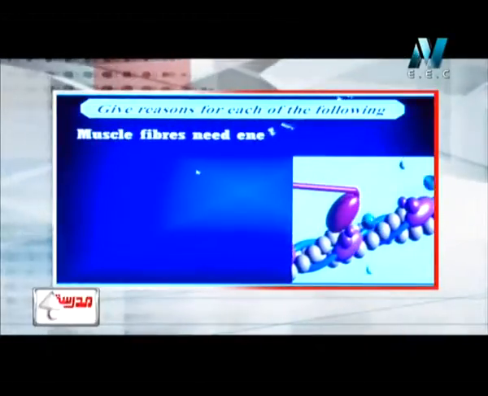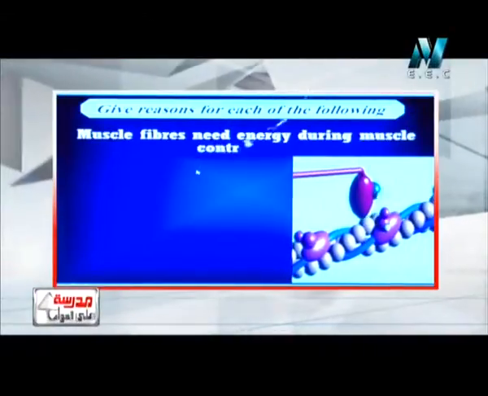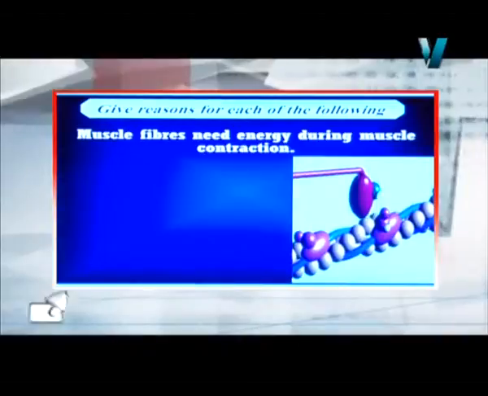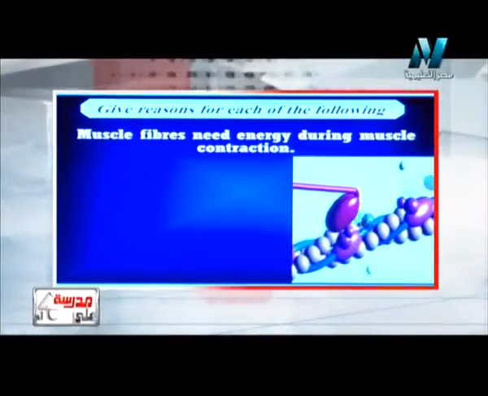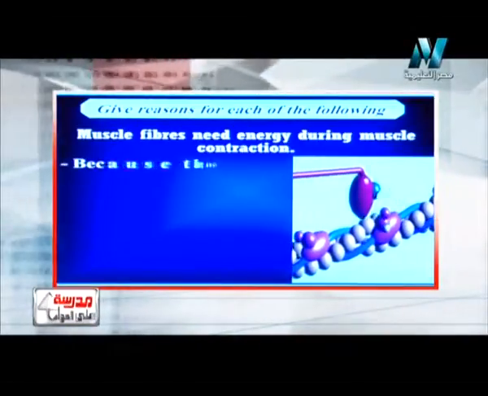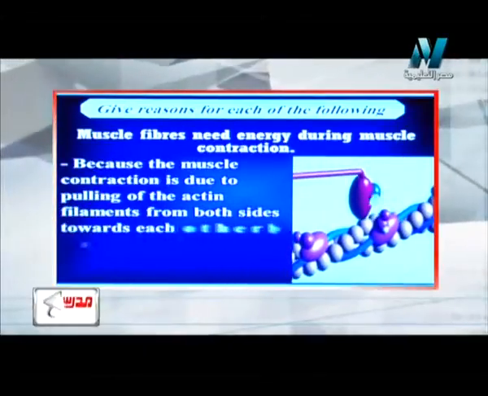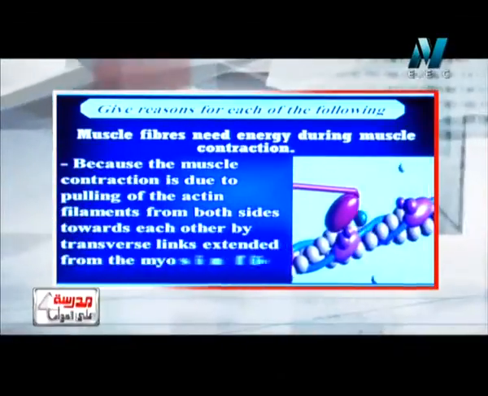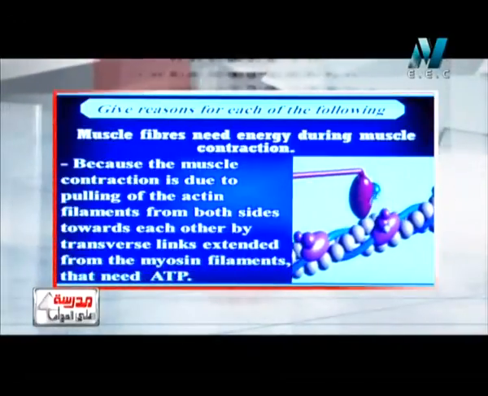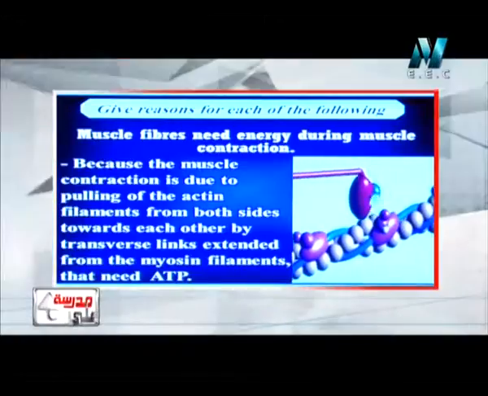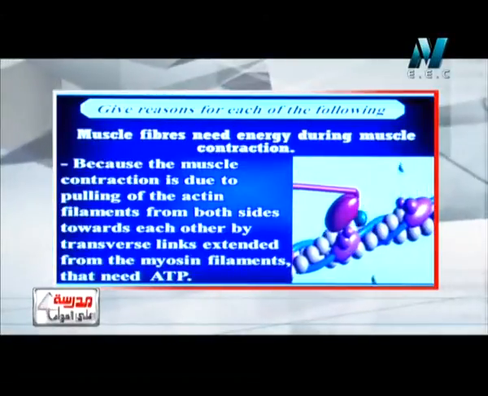The mechanism of contraction of the muscle fiber, or how the myofibril contracts causing the contraction of the muscle, takes place due to the presence of transverse links that extend from the myosin to the two sides of the actin filaments, to pull the actin from both sides toward each other.